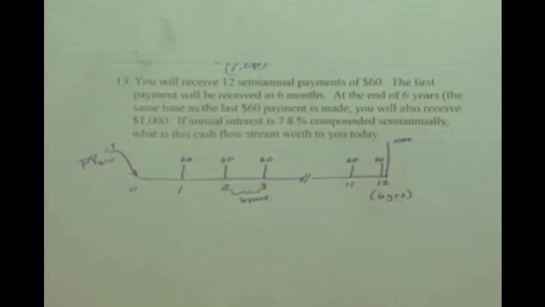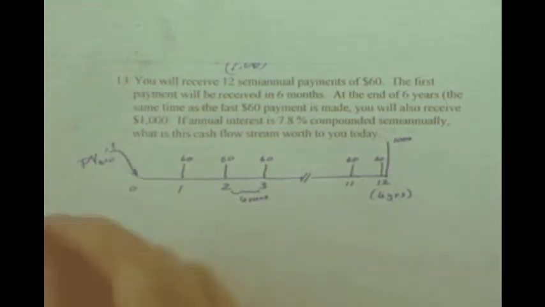If annual interest is 7.8% compounded semi-annually, what is this cash flow stream worth today? So, a little more complex problem. There's 2 parts. First, we have to take the annuity back to time 0, and then we're going to take the lump sum of $1,000 back to time 0.